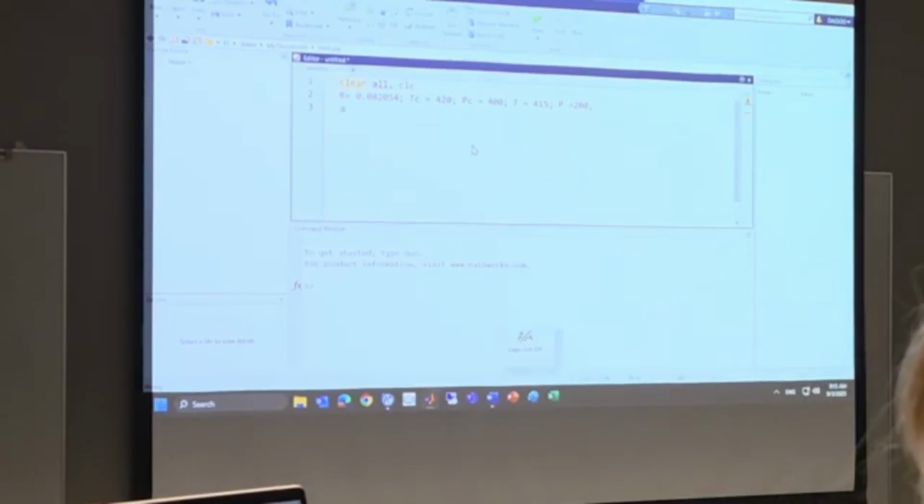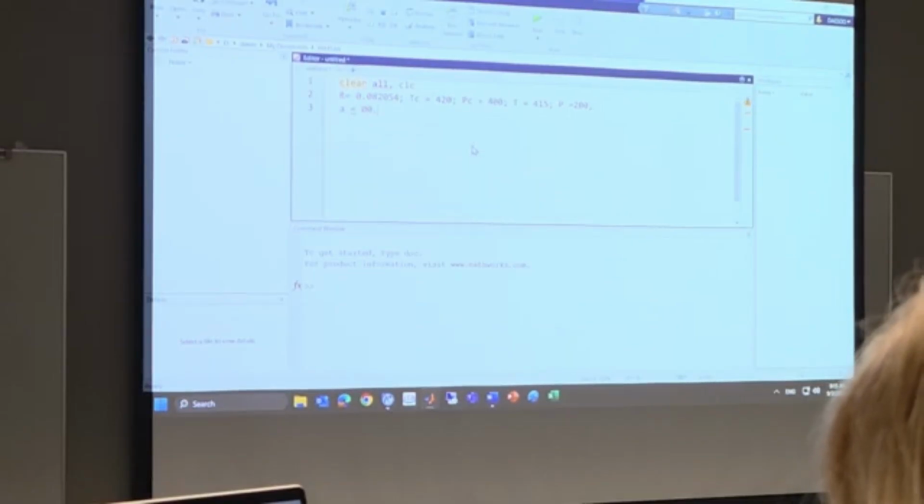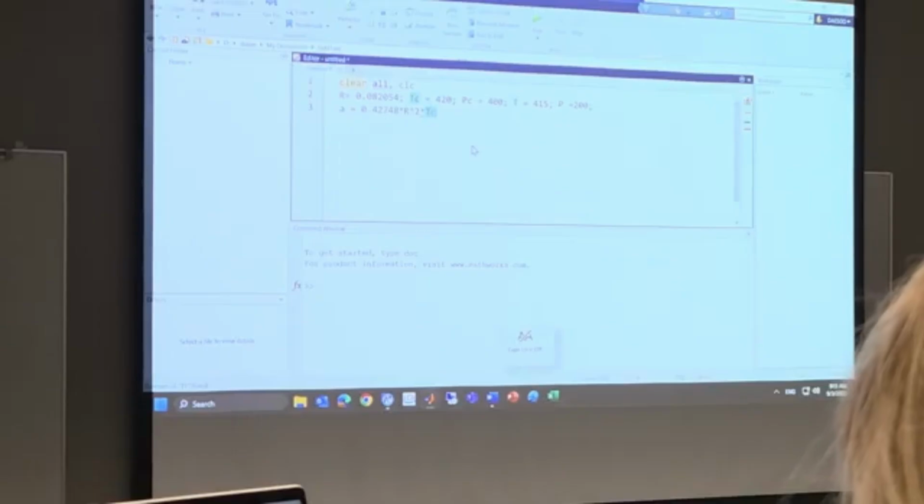A variable is defined, so I can use A is 0.42748 times R squared times TC to the power 2.5 divided by PC.